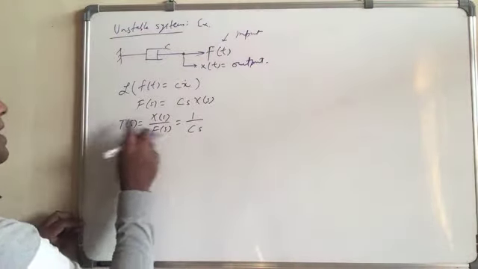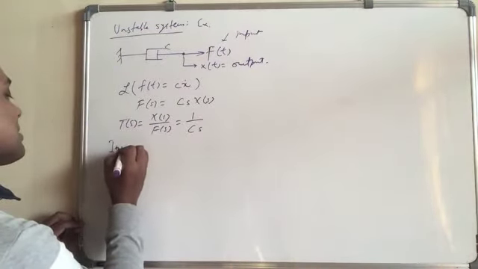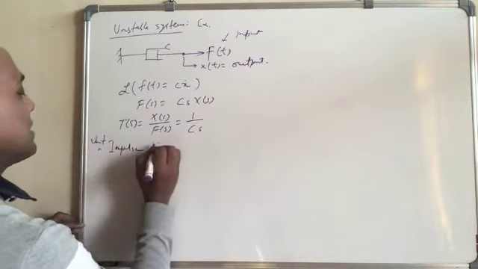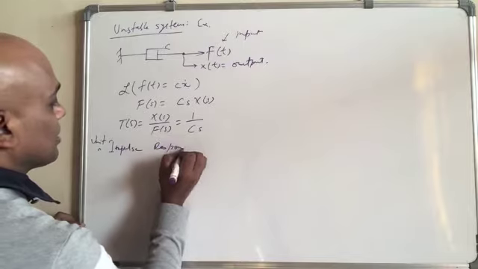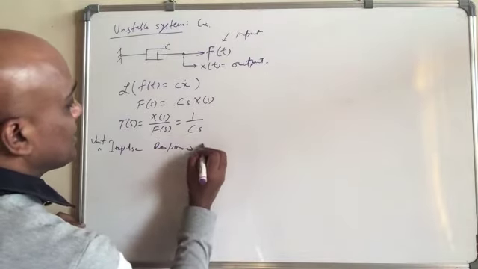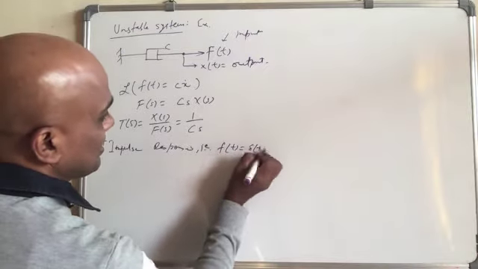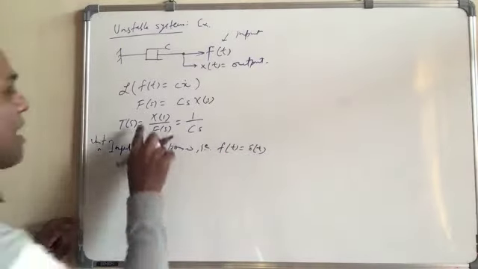Now let us say the unit impulse response. That really means if F(t) equal to delta(t), that delta function, then what happens?